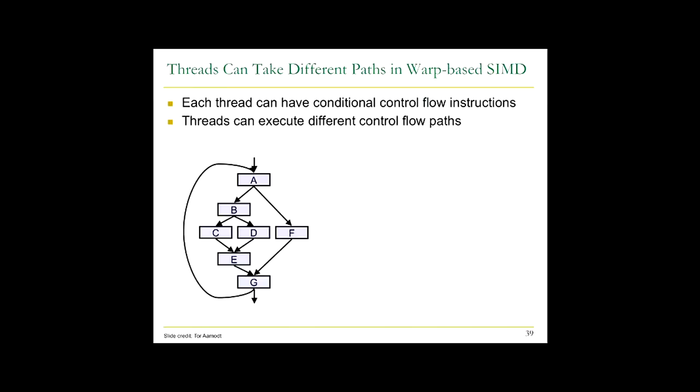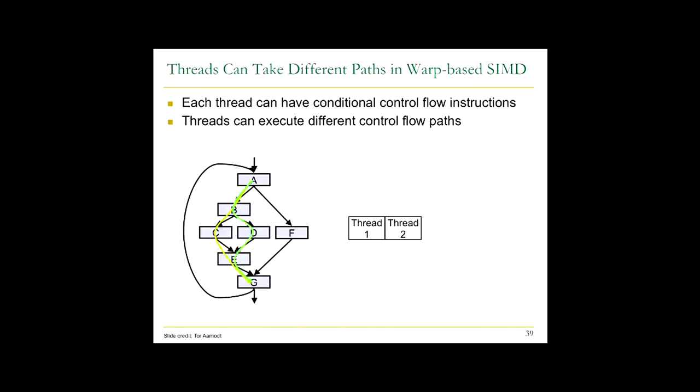Just imagine these things as instructions. You have an instruction and then determine which instruction to go to next. Another instruction, determine which instruction to go to next, and then do some stuff. Then your control flow basically looks like this. Each thread has these instructions, and threads can execute different control flow paths. For example, one thread can take this path depending on the data value, because it's operating on array element 0.